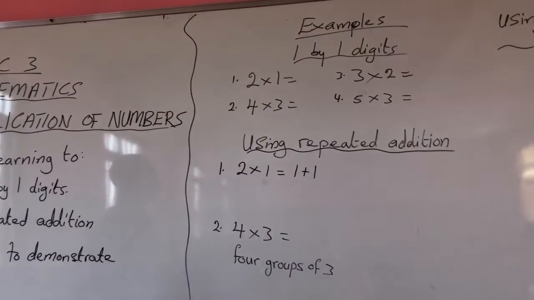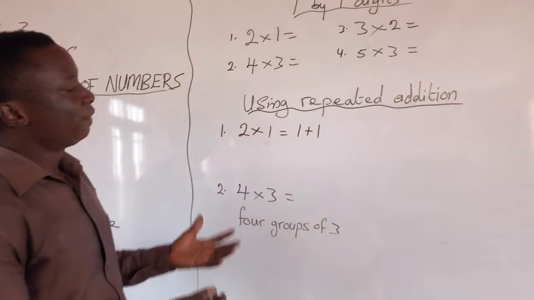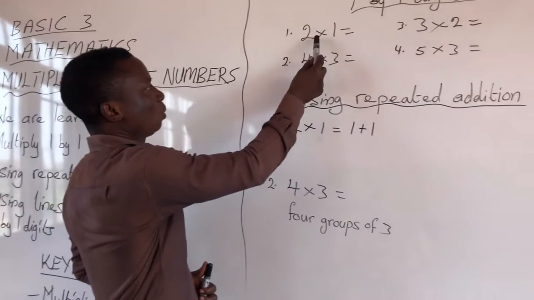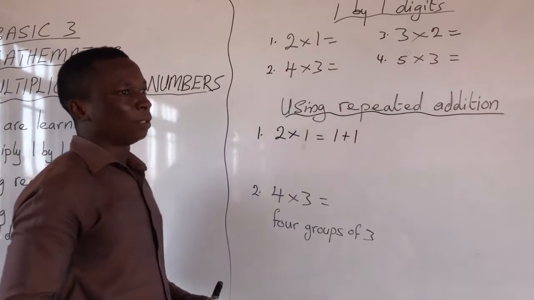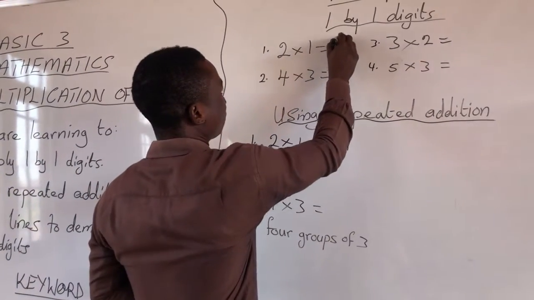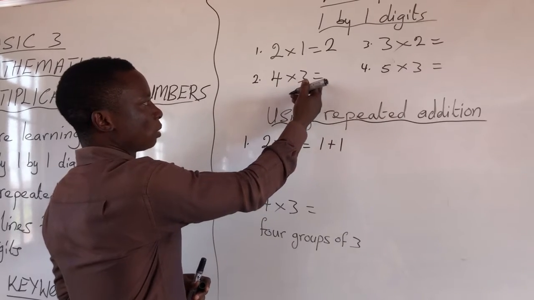Normally we know the multiplication table from basic 2. I'm just doing revision with you with these very activities. Now when you are asked 2 times 1, you will tell me it's 2. Then you quickly write your 2 down. 4 times 3, you write 12.